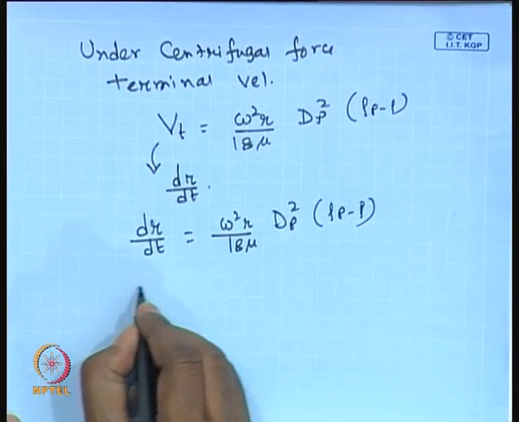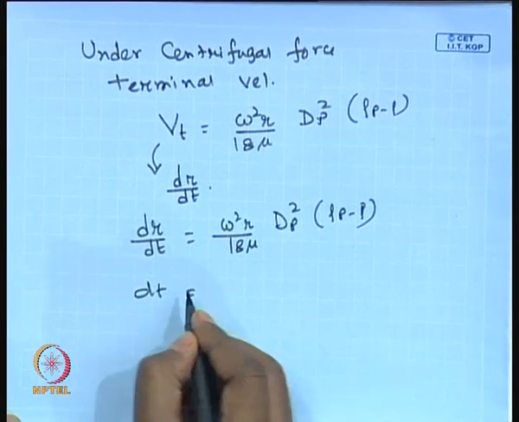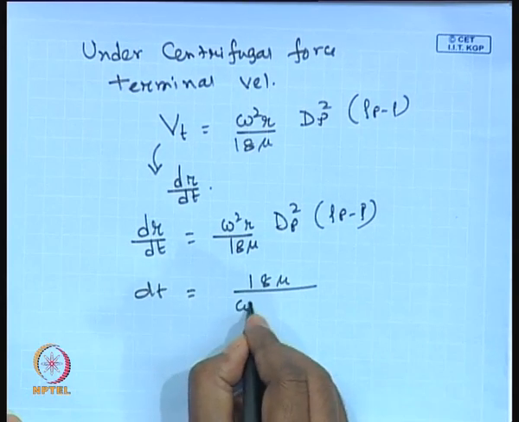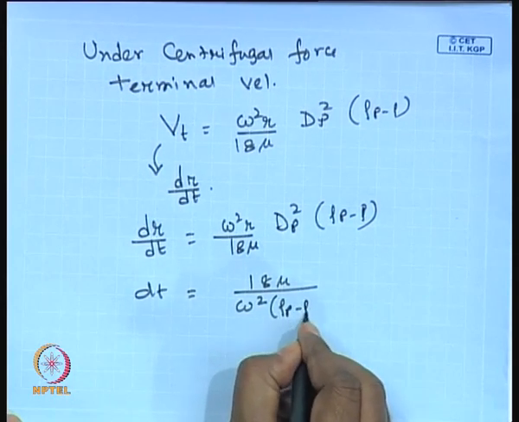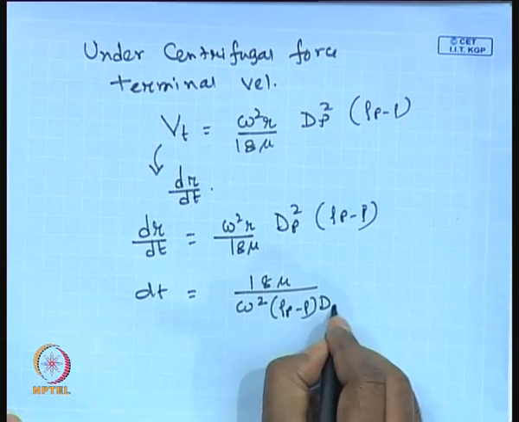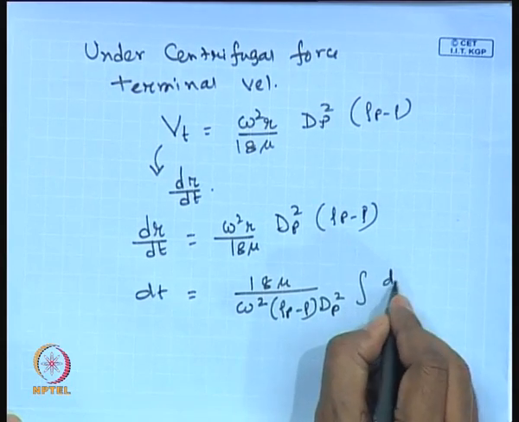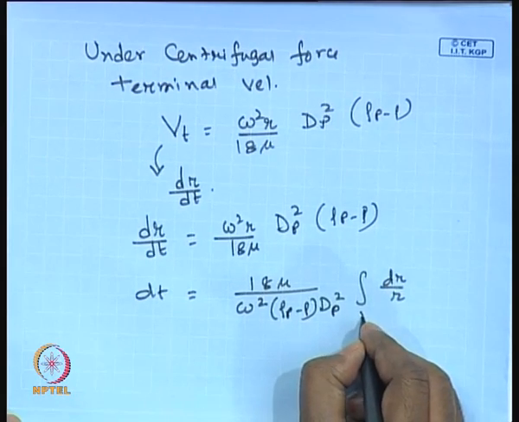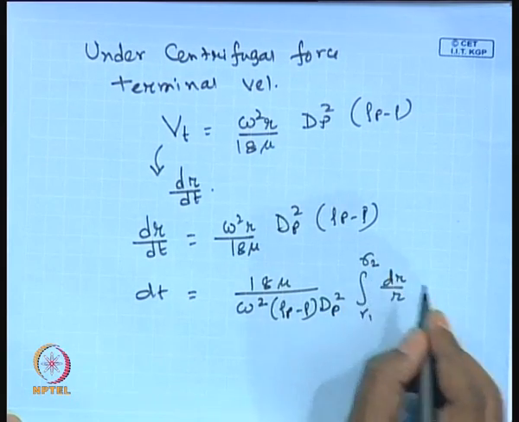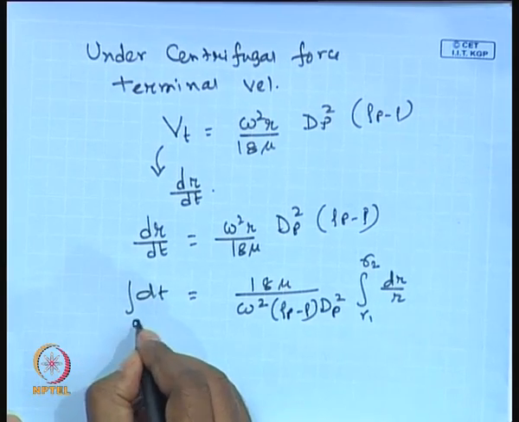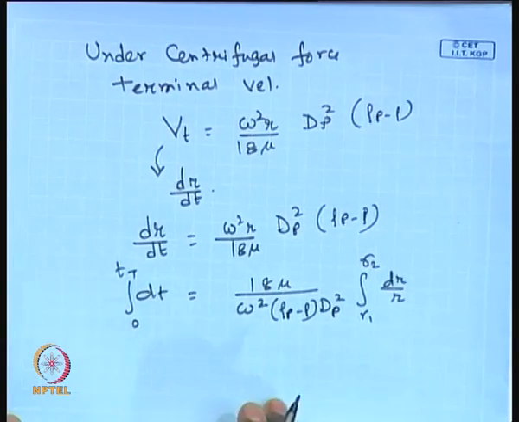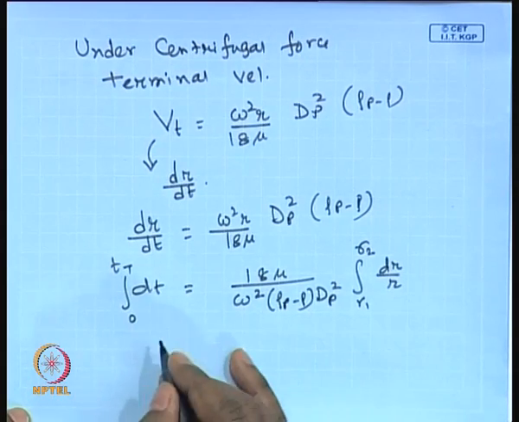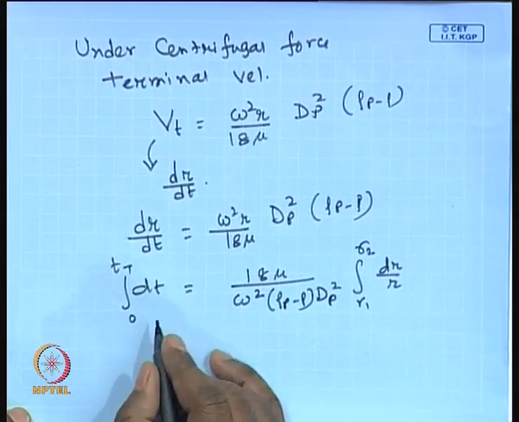If you integrate it out, you just separate the variables, dt equal to 18 mu divided by omega square rho p minus rho dp square integral dr by r, and this will be, let us say, from r1 to r2, from 0 to t terminal.